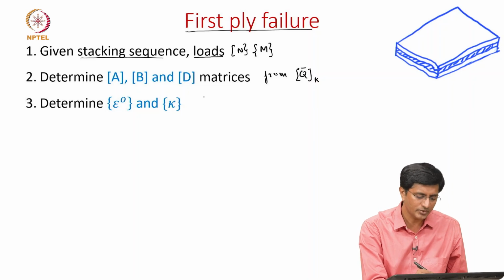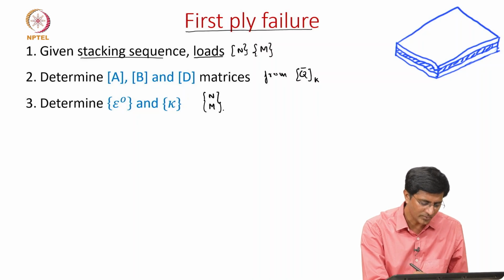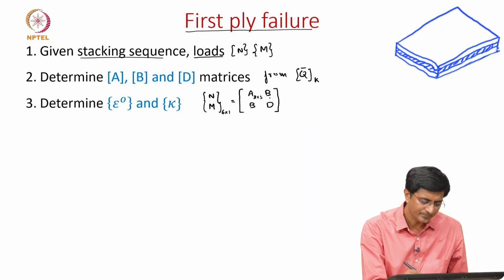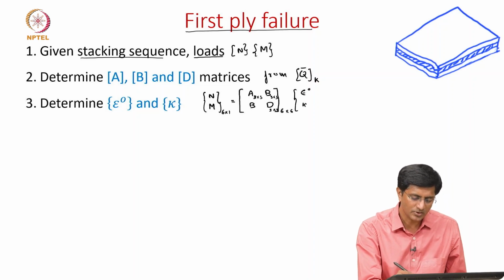For this, again going back to classical laminate theory, if we combine those two equations, N and M, into one matrix of size 6 by 1, and then I group these ABD matrices in such a way that A, B, B, D, where each of these matrices is 3 by 3, overall this will be a 6 by 6 matrix times the mid-plane strains epsilon naught and the curvatures k.